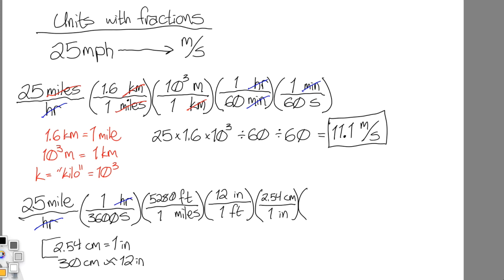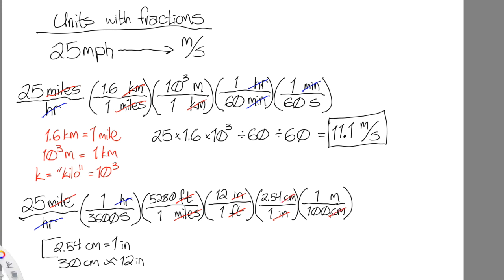So to keep track of what units have canceled so far, we have canceled out miles into feet, feet into inches, inches into centimeters. And then there are 100 centimeters in 1 meter. And that's it. We're all the way to meters.